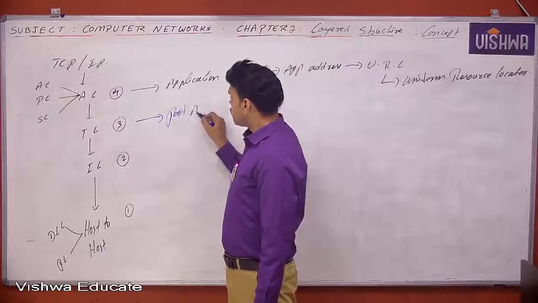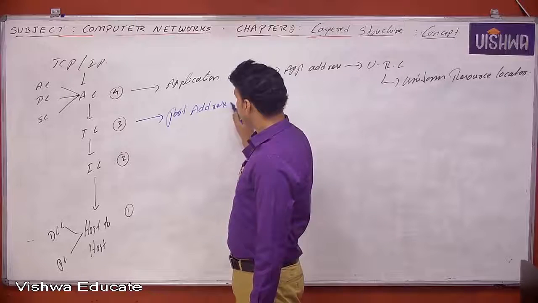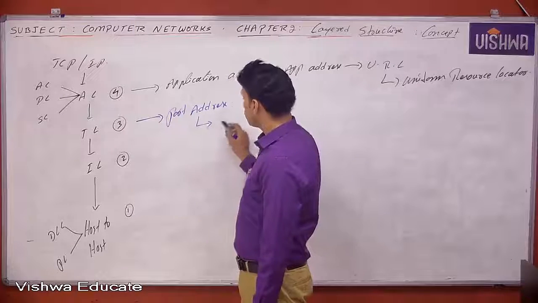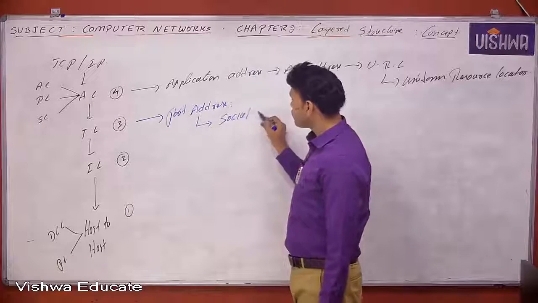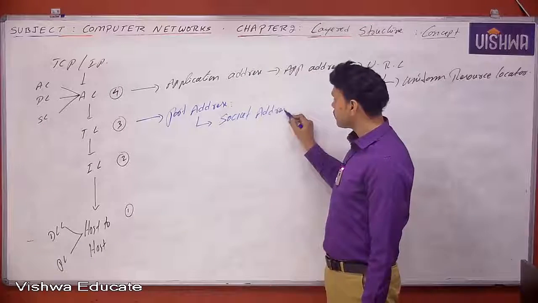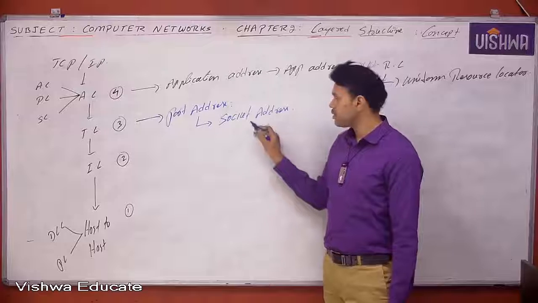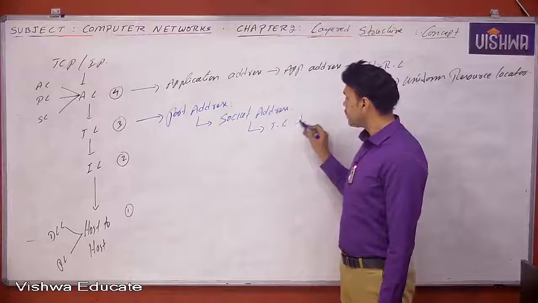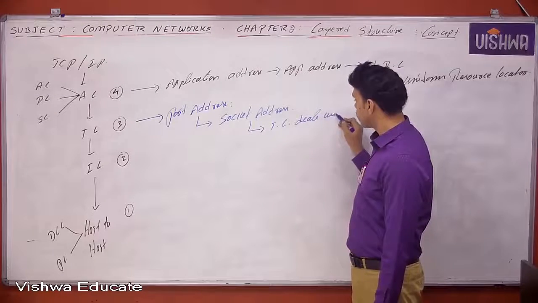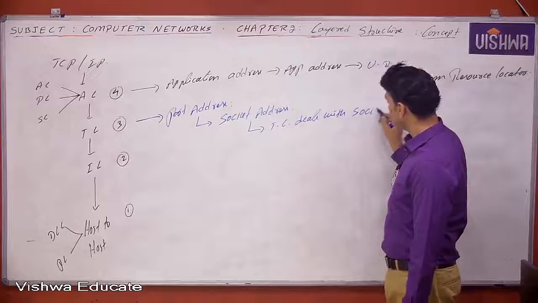The transport layer deals with the port address. What is a port address? You need to know about a socket address. What is a socket address? The transport layer deals with the socket address.